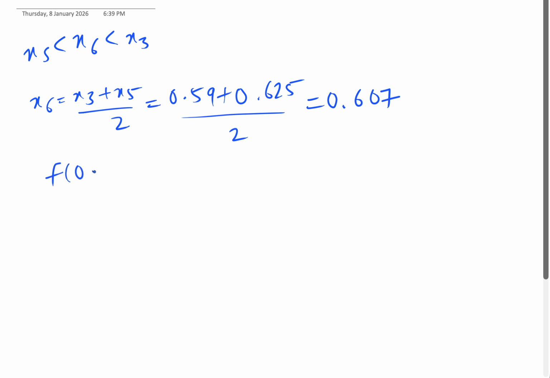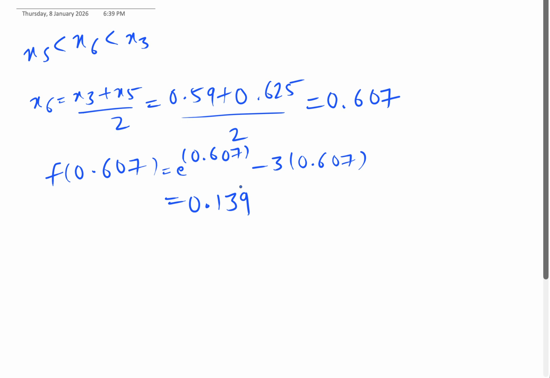If I find f of 0.607, it will be e raised to the power 0.607 minus 3 times 0.607. It's 0.0139.